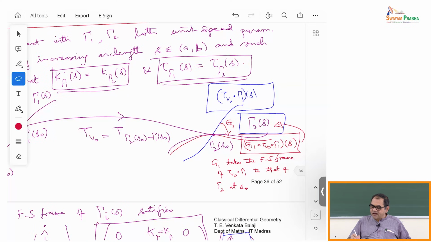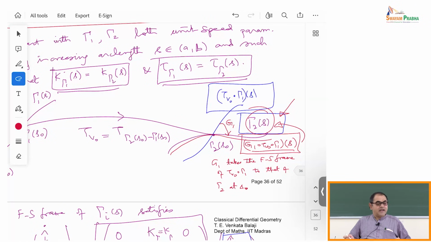Therefore, the moral of the story is that we have achieved this. This gamma 2 and this other curve, G1 circle TV0 circle gamma 1, they both pass through the same point gamma 2 S0, and at that point they both have the same Frenet-Serret frame.